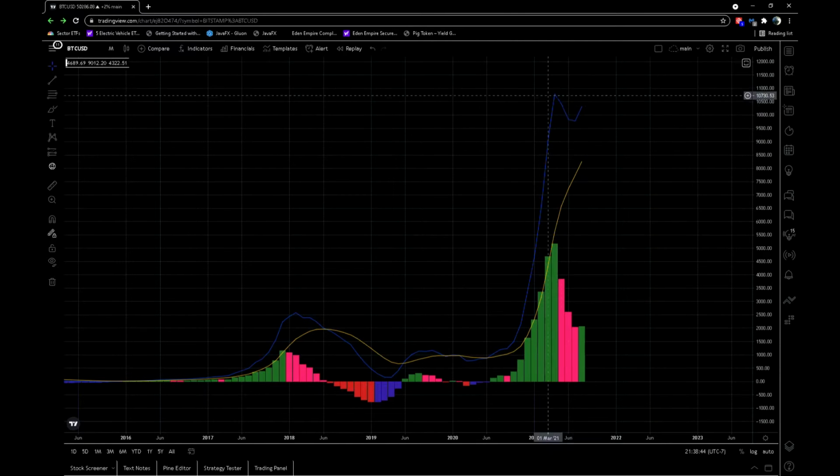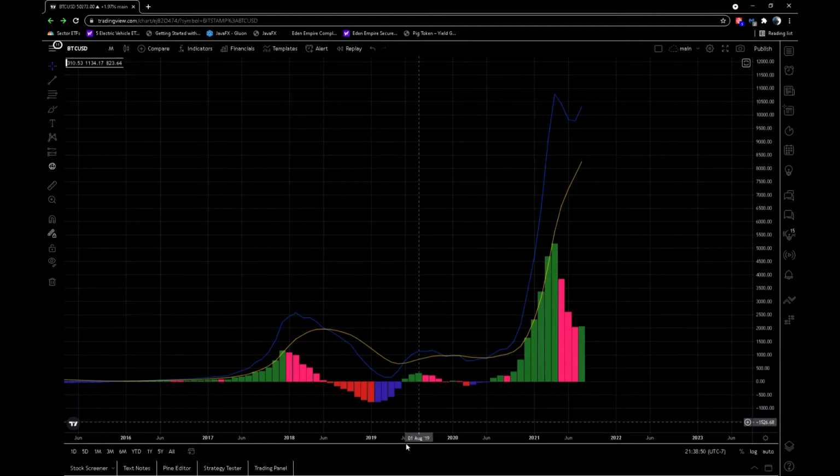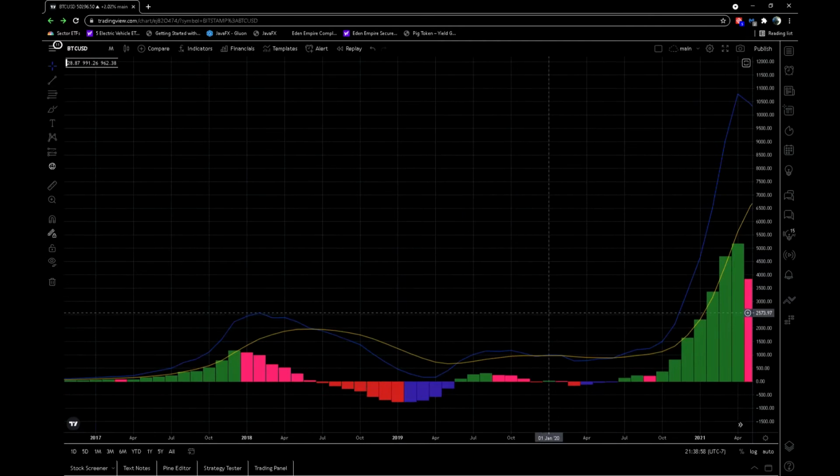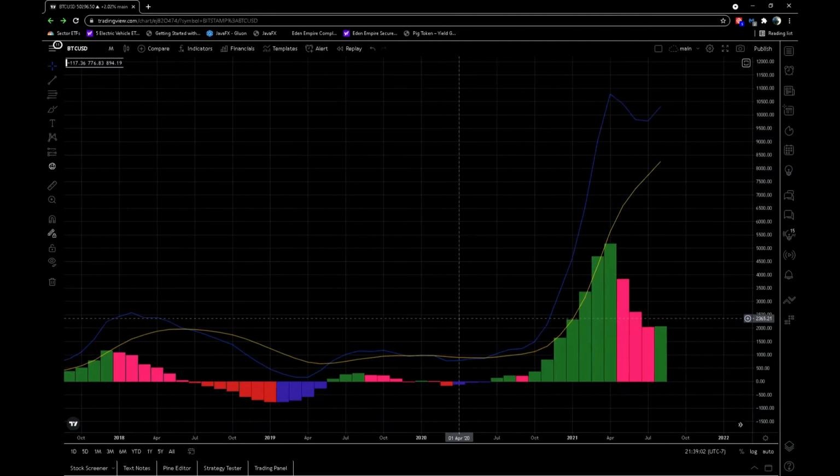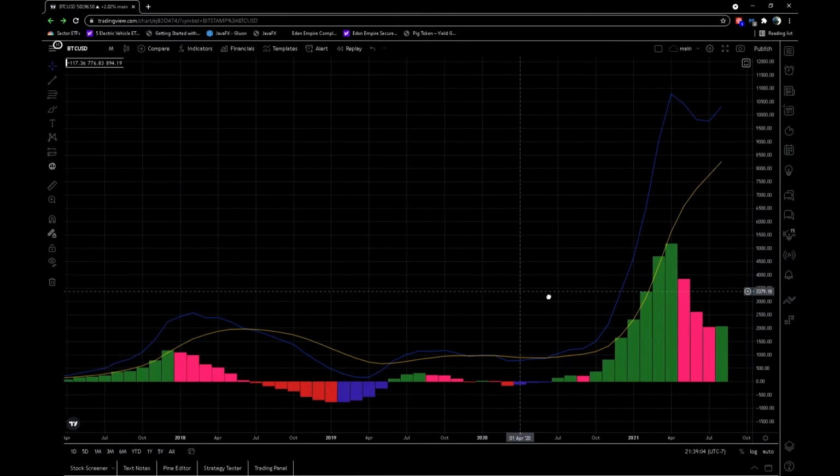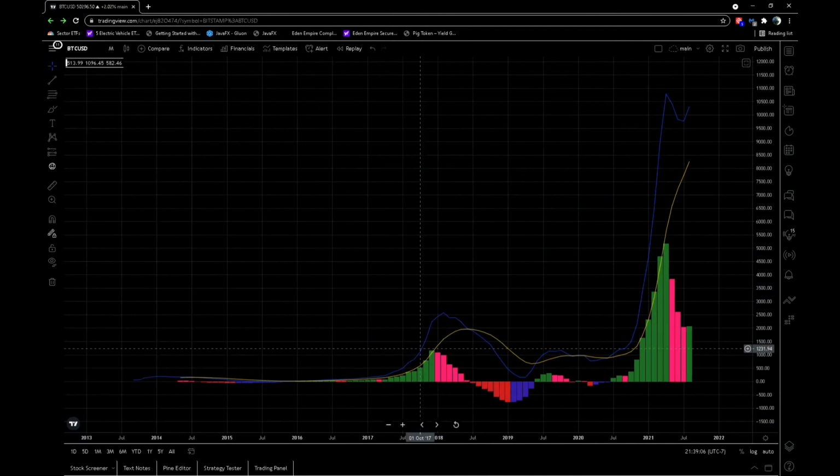The angle of this slope was very negative compared to this one, if you were to compare them. And the crossing down here was just basically a fake out. Nothing really a real cross down, just basically touched that yellow line and bounced off. So again, we haven't had a cross down in a very, very long time.